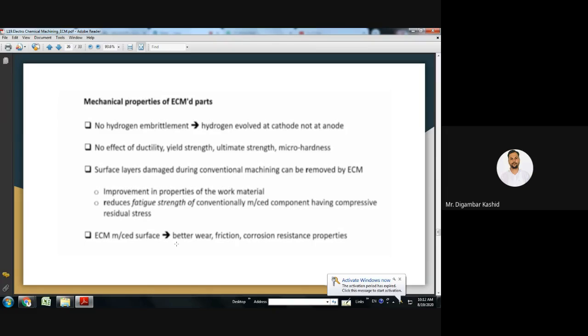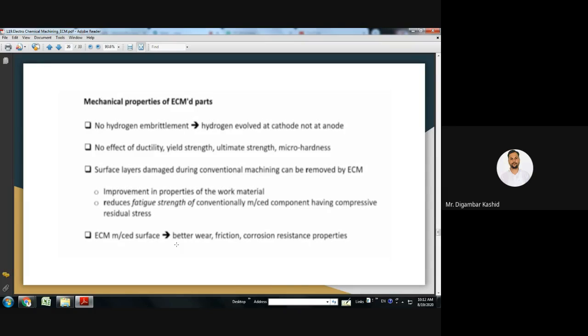Also, the surface finish produced by electrochemical machining may be a source of the reduction in fatigue property. The surface produced by electrochemical machining generally has better wear, friction and corrosion resistant properties than those produced by mechanical means.